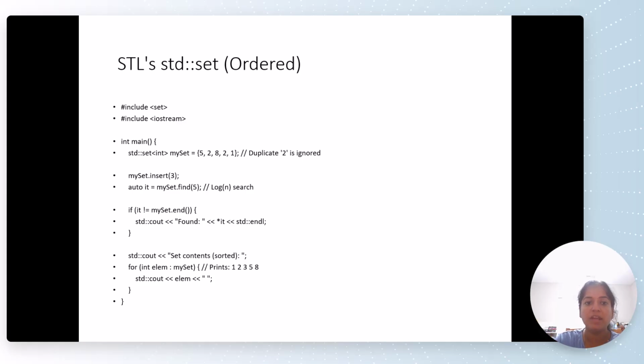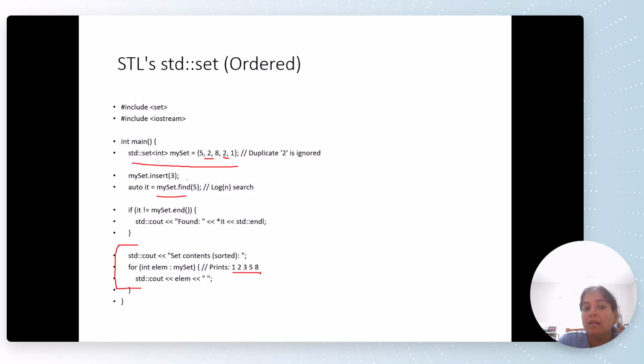This is a dummy code where we are defining a set, and you can see that 2 is inserted twice. Then we insert 3, and we find 5. But if we print all the elements using the enhanced for loop, it will print 1, 2, 3, 5, 8.